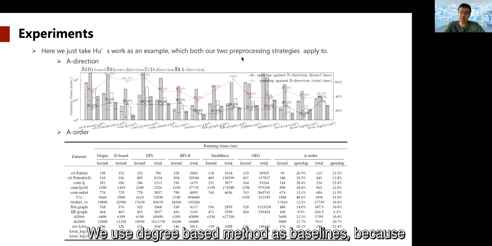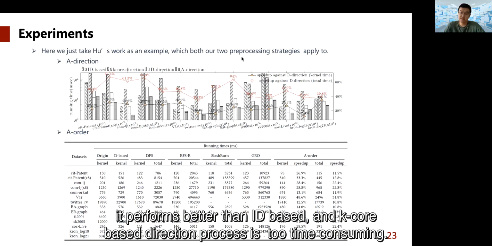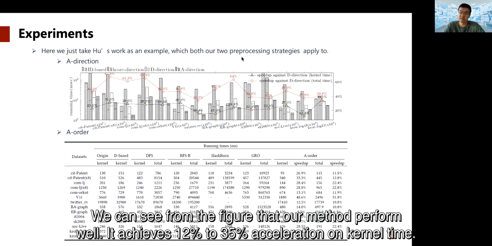We use the degree-based method as baseline because it performs better than ID-based, and Keycore-based direction is too time-consuming. We can see from the figure that our method performs well. It achieves 12% to 35% acceleration on kernel time.